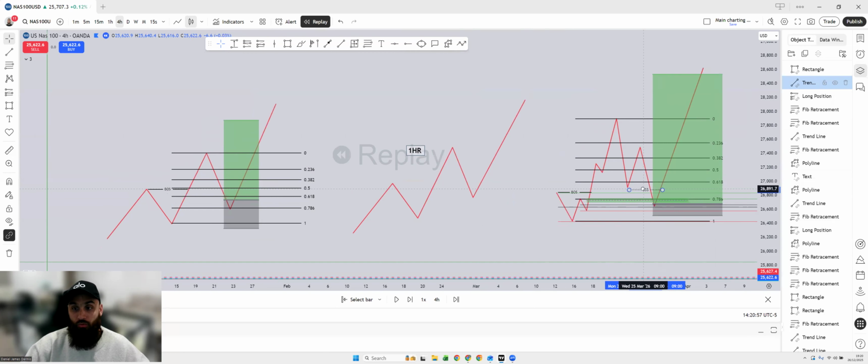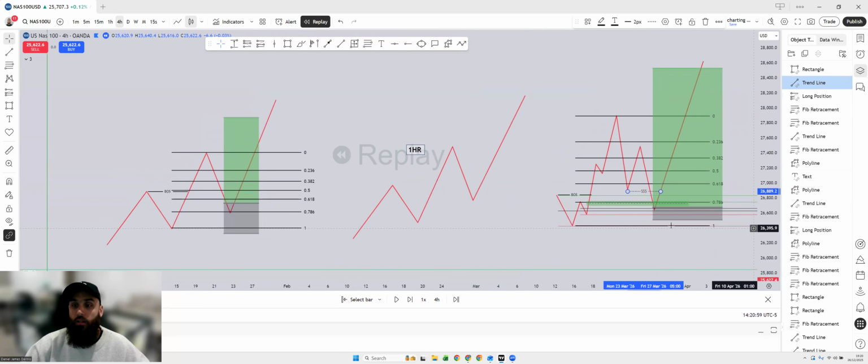These are also called draws on liquidity, right? So when price manipulates, say at the market open, price could manipulate straight into this area, take out these lows, take out resting liquidity, and smash into a secondary mitigation target, a fair value gap.